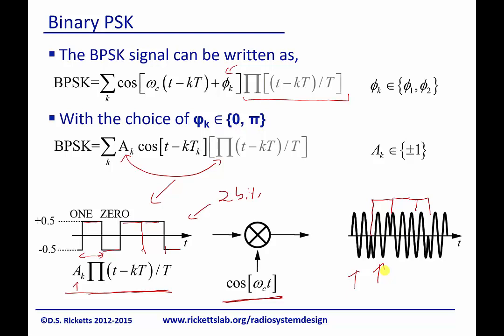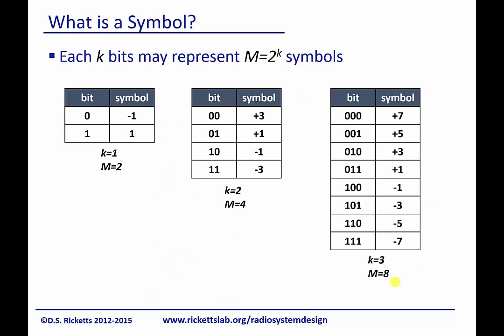And this leads us into this idea we've been talking about, symbols. So this is actually an easy concept, but it gets complicated because down the road you're going to be hearing symbol, bits, symbol, bits, symbol, bits, and it's going to be a little bit confusing, the difference between the two. And if you get them straight early on, it's pretty easy for you to be able to handle this. So the idea is that k bits can represent 2 to the k symbols.